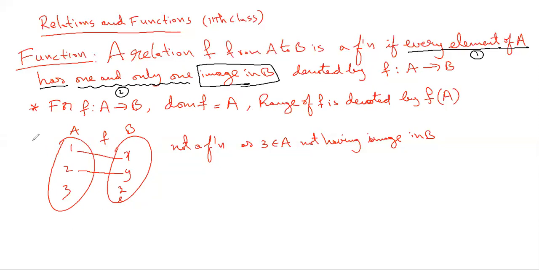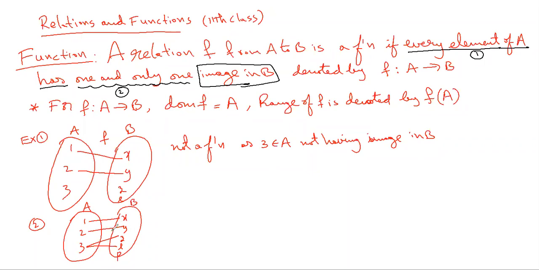Next, coming to the second example. Here, if you observe, the first condition is satisfied, every element of A has an image.